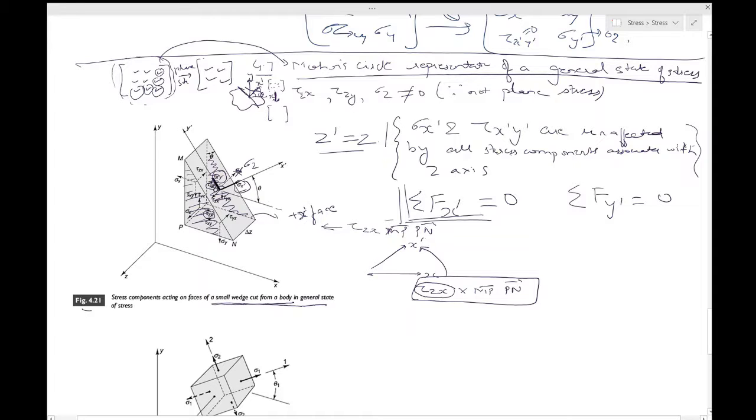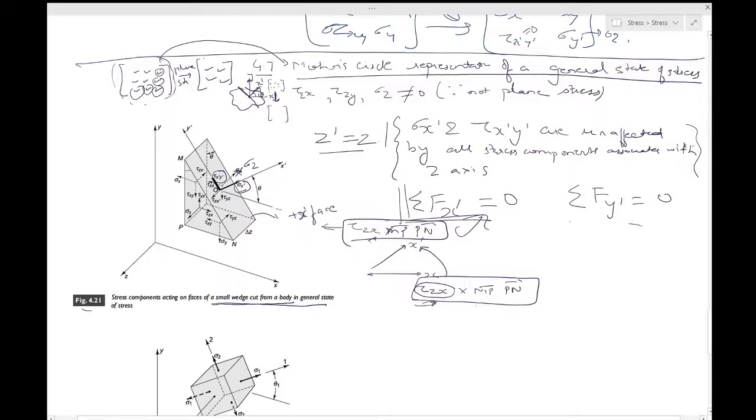This is what they say: this is equal and opposite, and hence the tau zx component will not contribute anything to this equation.